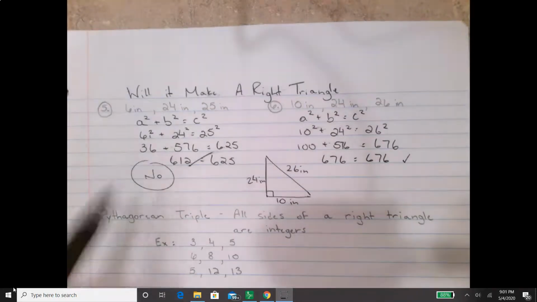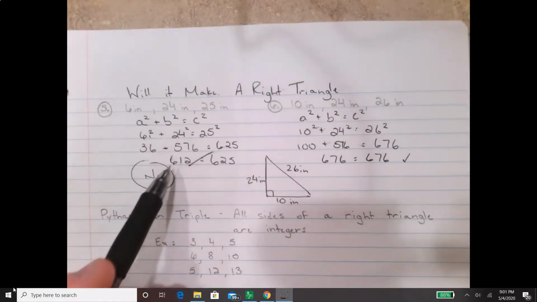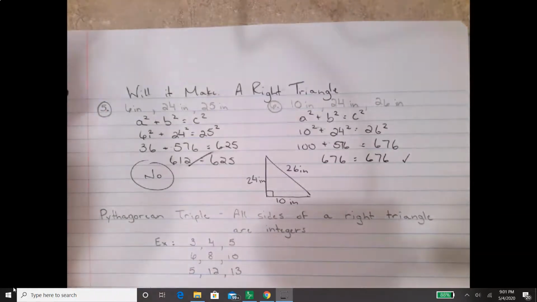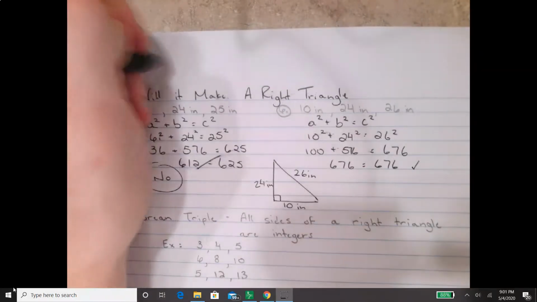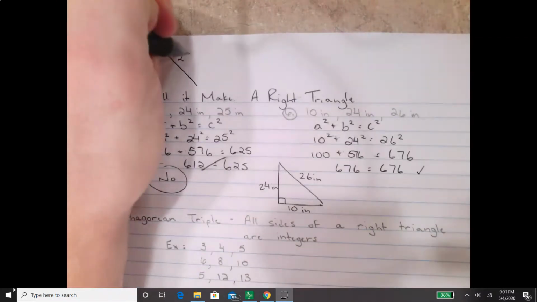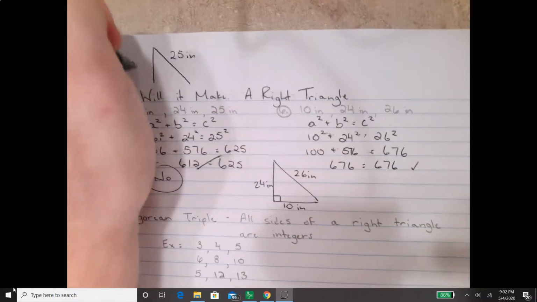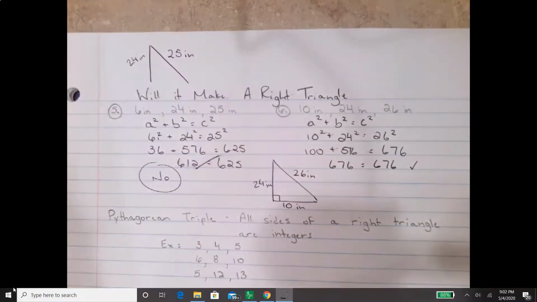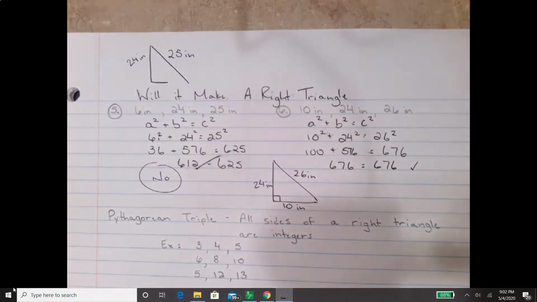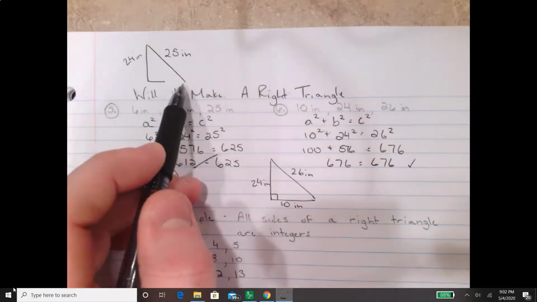The reason, guys, like on number 5, for example, this example would not work, and the reason mathematically why they are not equal to one another, is that if you were to draw this out and use the measurements, it'd almost be like, okay, there's your hypotenuse, there's the 25 inches, here's the 24 inches, and then there's the 6 inches. As you can see, this triangle is not closed. There's a gap here.